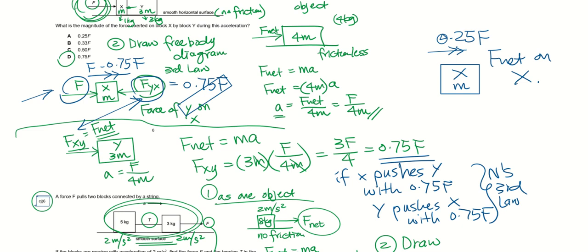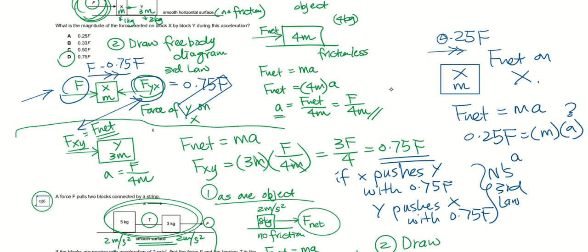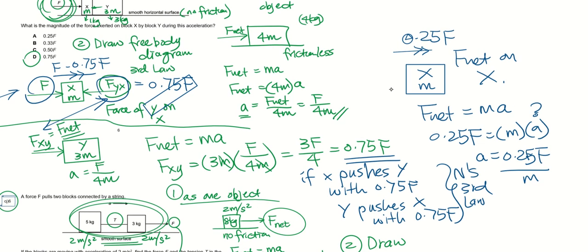Okay, so this is F net on x. Whenever there's F net, there will be acceleration. So it becomes 0.25F, the mass is m, and the acceleration I want to find out just to test. So my acceleration equals 0.25F over m, which is equal to what we had calculated, right?